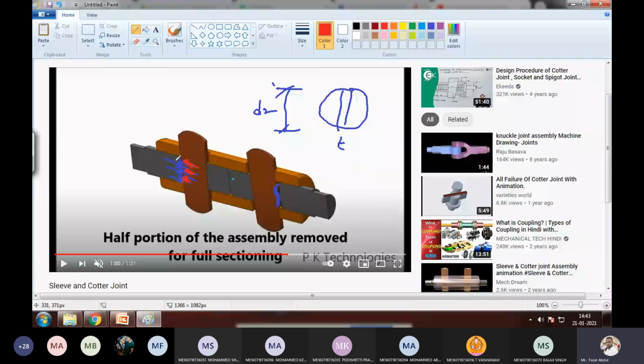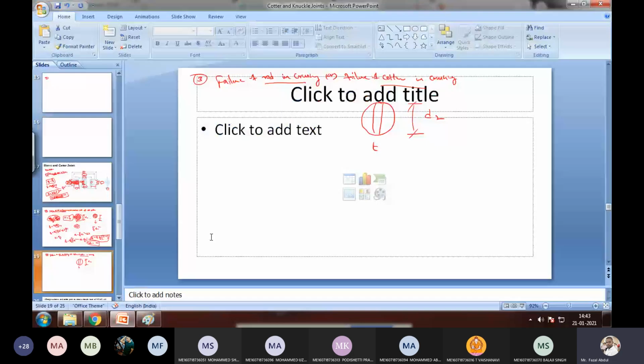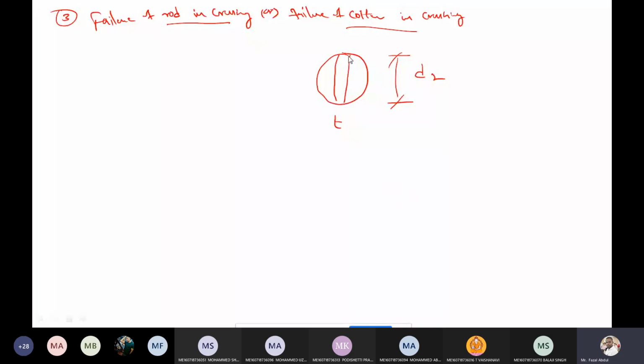The surfaces of the rod are going to be subjected to crush. So I'm drawing the rod crushing here. This crushed area only we have to take into consideration. So what is the crush area here?